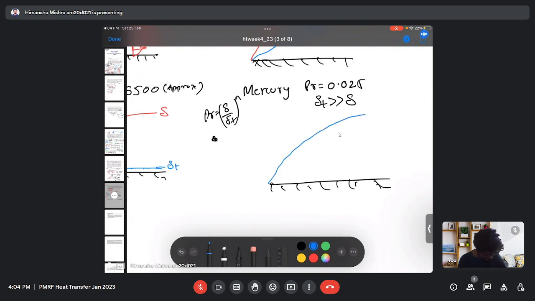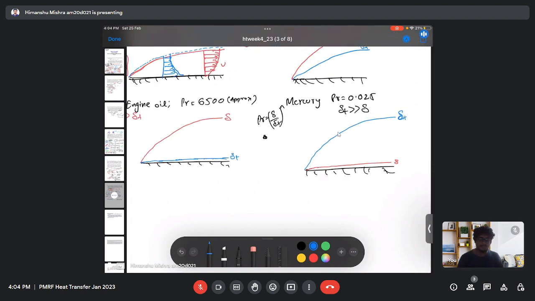So this is my thermal boundary layer, and this is my hydrodynamic boundary layer. So based on the Prandtl number, we can figure out which boundary layer is dominating in the problem.